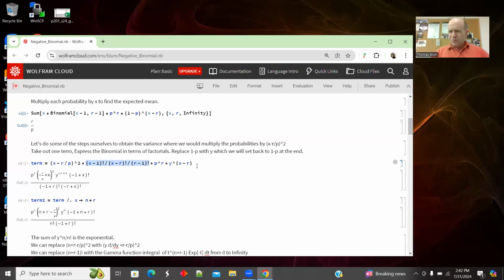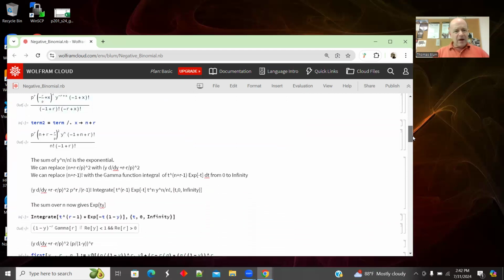For some tricks I want to apply later on, I have replaced 1 minus p with a y. At the end, I will set y equal to 1 minus p. So I took away the sum, but this is just a term.